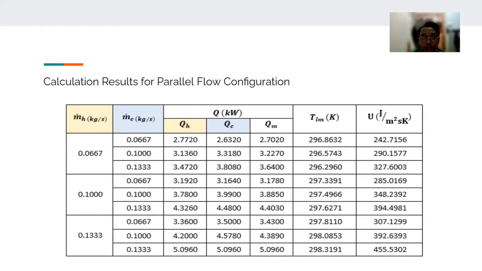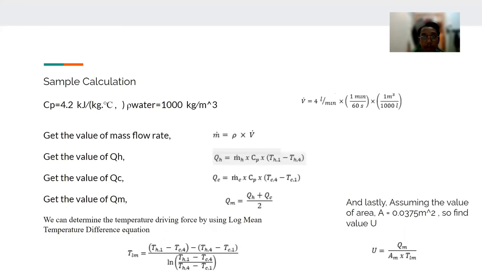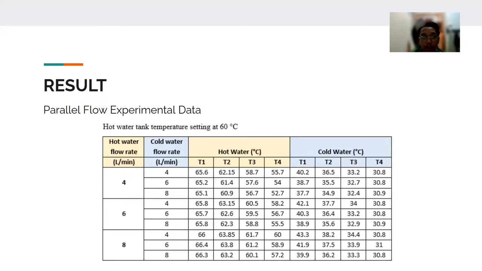I get this result when I use the equations and formulas in the next slide. I will share the sample calculation for hot water at 4 liters per minute.